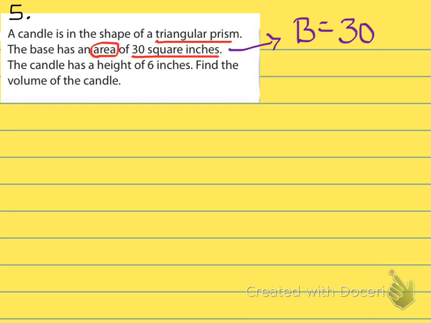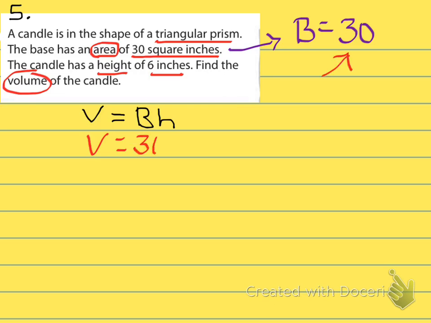Then it says, we're going to go back to red again, the candle has a height of 6 inches. Find the volume of the candle. So we're going to be solving for volume, and this is a triangular prism problem. V equals big B times H. Now normally I would tell you to write the formula for big B out to the side, but this is the exception. You don't need to do that right now because V is equal to, big B was the 30, see that 30 right there, times the 6 inches is the height.